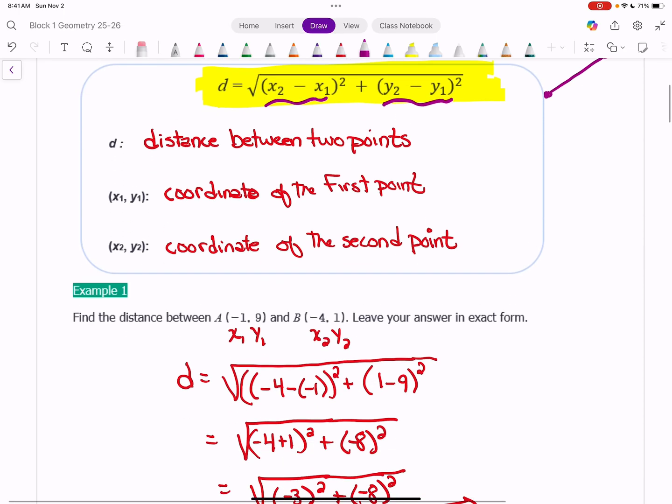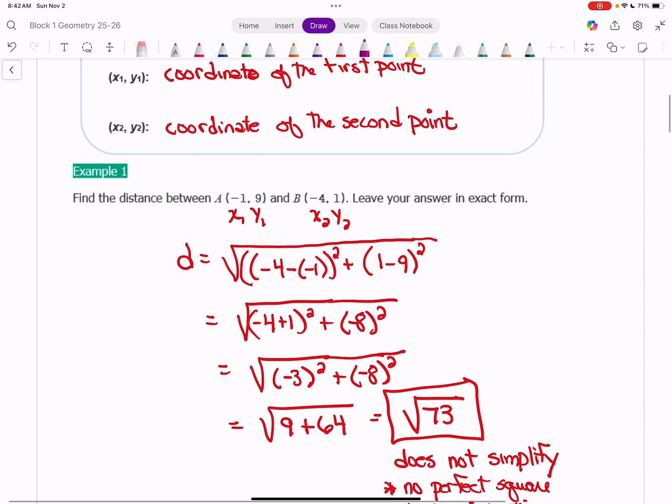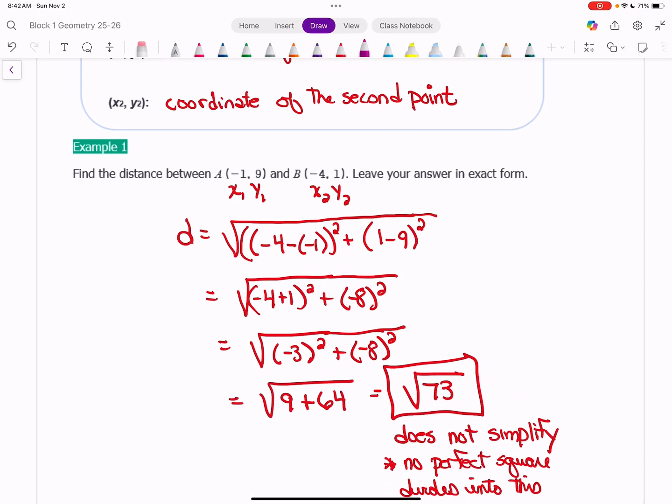For example, in this first question, let's just say (-1, 9) is here, and (-4, 1) is here. We're looking for the distance between those 2 points.